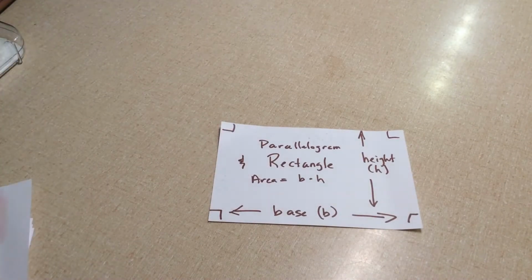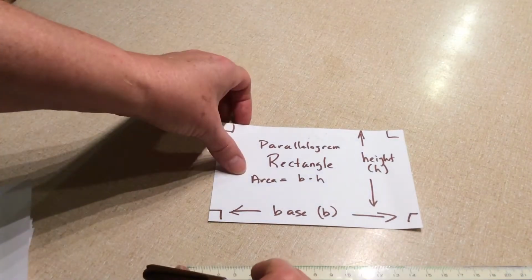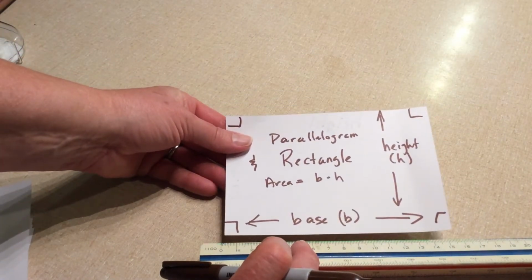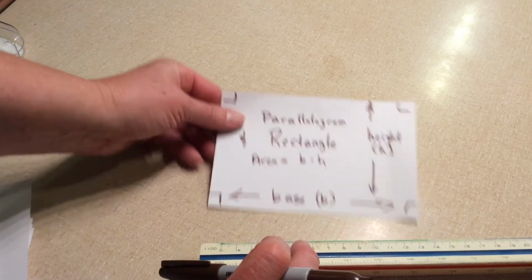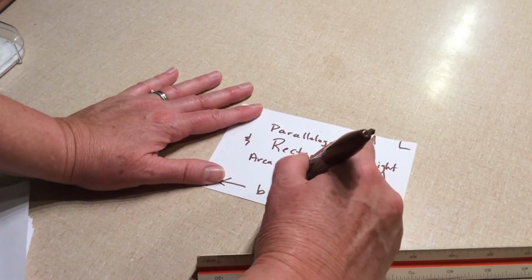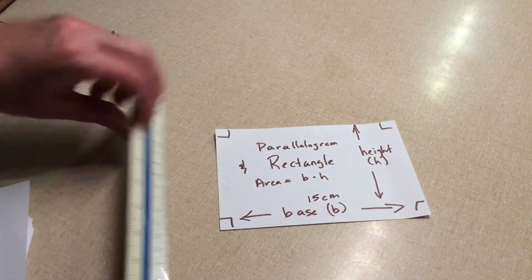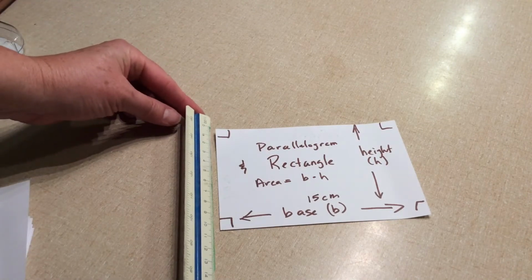So let's go ahead and measure that. I happen to have a centimeter ruler here. So it looks like the base is 15 centimeters, so I'll label that right here. And the height is 10.